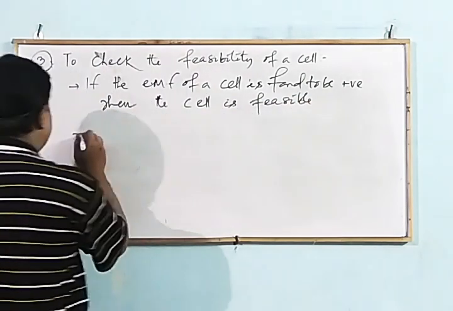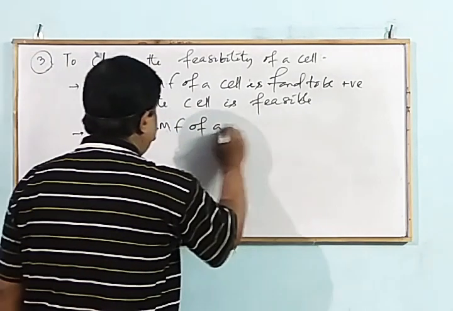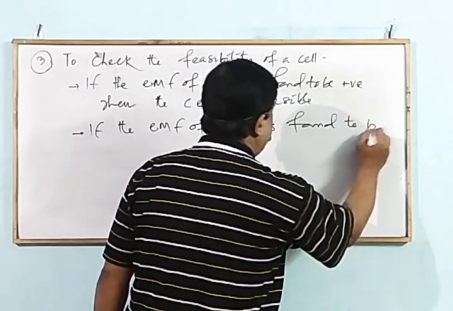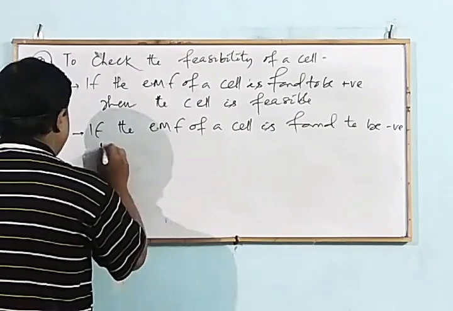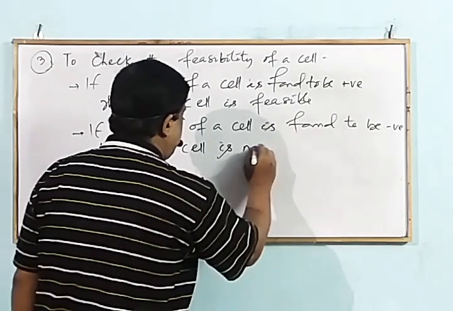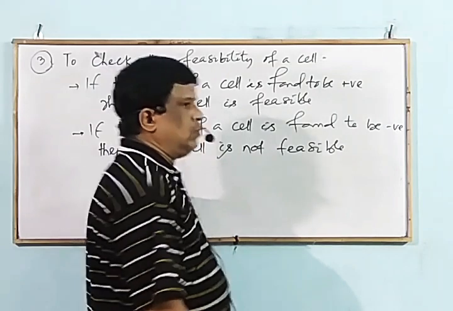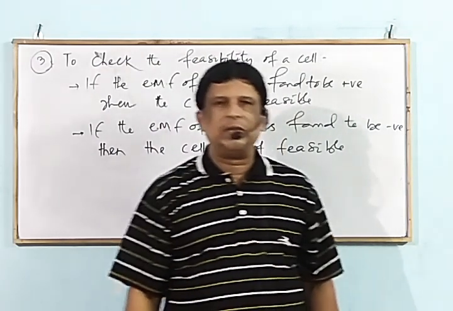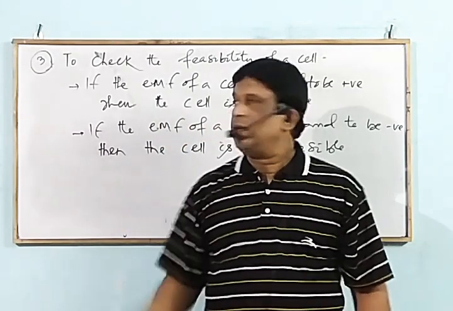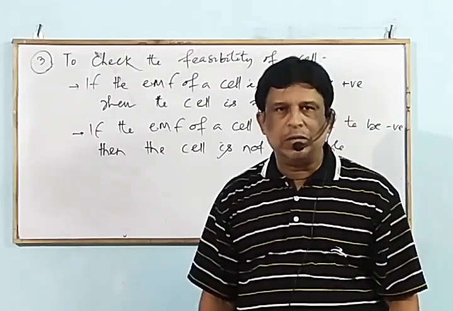On the other hand, if the EMF of a cell is found to be negative, then the cell is not feasible. Let us apply this concept for solving a problem. Mark that, one problem is there. Then we have to check whether the cell is feasible or not.